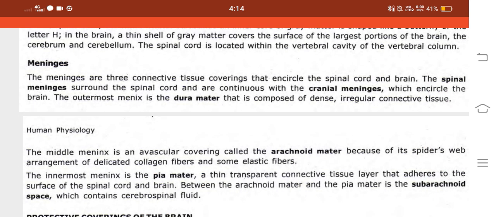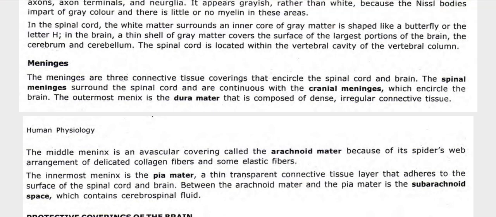Then meninges. The meninges are three connective tissue coverings that encircle the spinal cord and brain. The spinal meninges surround the spinal cord and are continuous with the cranial meninges, which encircle the brain. The outermost meninx is the dura mater, which is composed of dense irregular connective tissue.